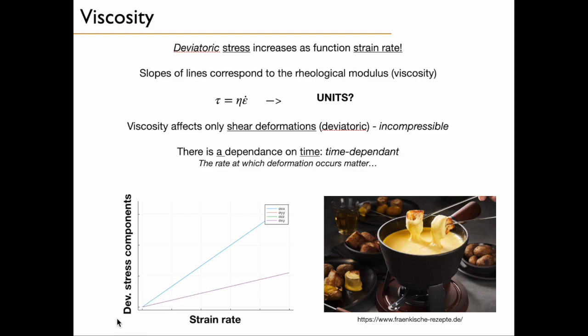We'll come back to this term deviatoric a bit later in the lecture. So the stress, and now it's plotted against the strain rate. So on this diagram, we have stress is equal to a modulus, eta, times epsilon dot. So epsilon dot is the rate of the strain.